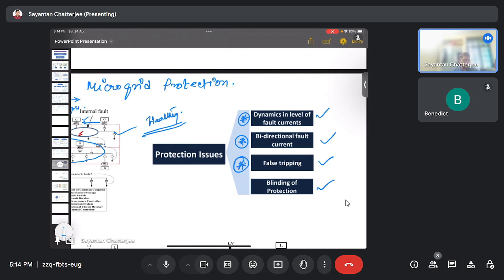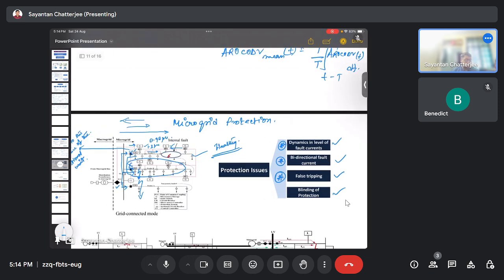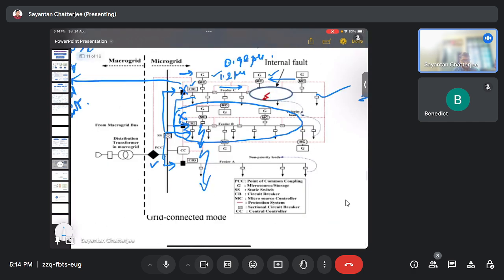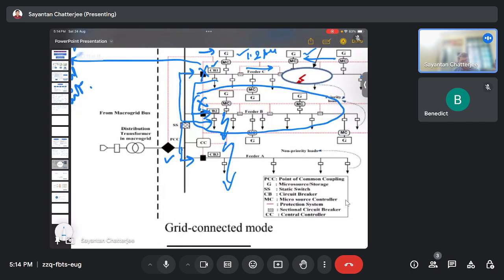Okay. And another one is blinding of protection. Blinding of protection means, let's suppose here at the point of common coupling, we are having a power flow of, let's consider this 1.5.